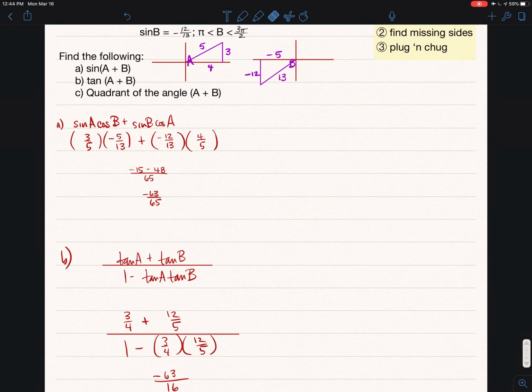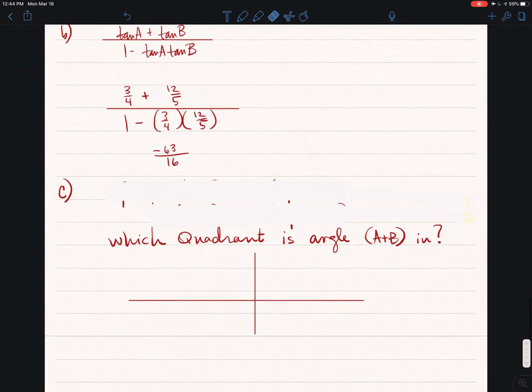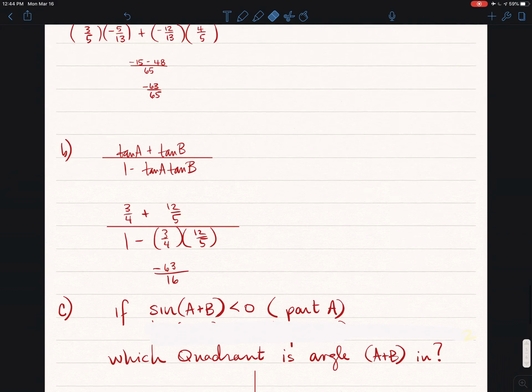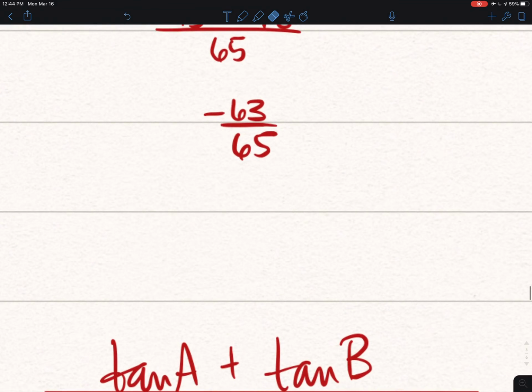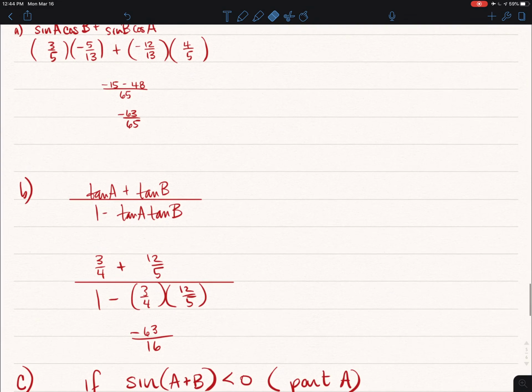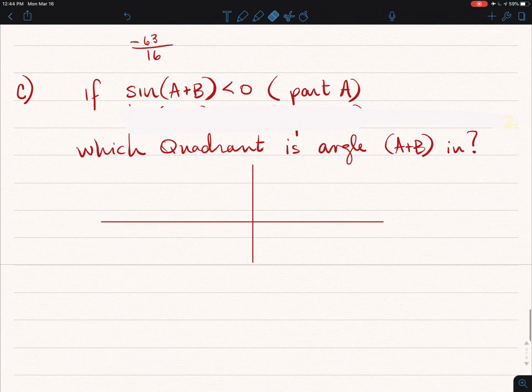So let's take a look at what we found so far. The first thing that we have found is that the sine of this mysterious angle A plus B is negative. Go back to part A. Do you see how we found that the sine value is negative? And so we know that when a sine value is negative, that can only occur in quadrants 3 and 4.